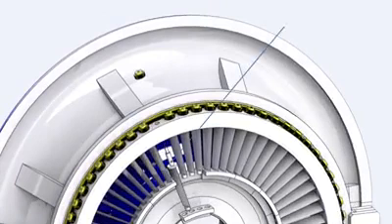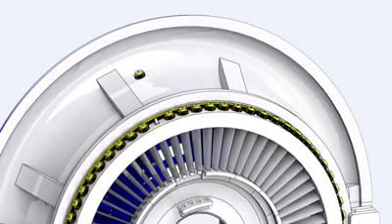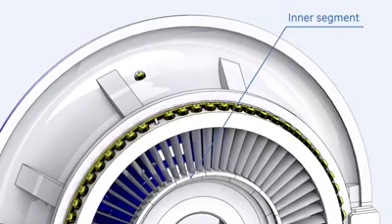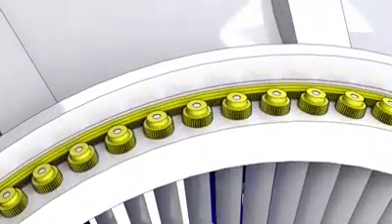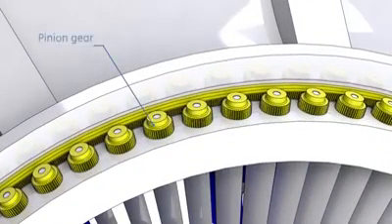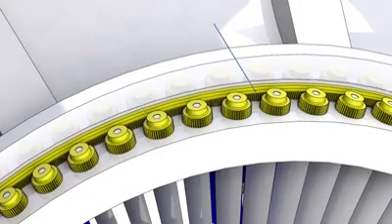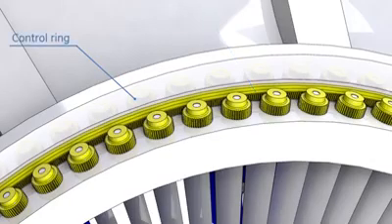Each blade stem is inserted into a hole machined on the inlet casing. Each 4 of them are supported from below by 1 inner segment. A pinion gear is installed to each blade stem and is keyed into position. These pinions are rotated by a ring gear, which is assembled to the control ring.